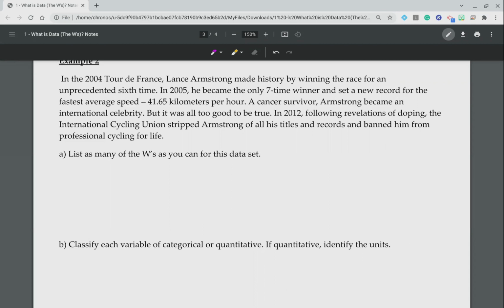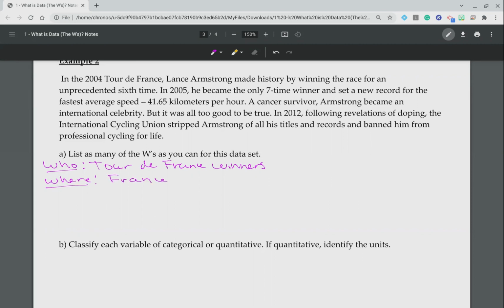Okay, so let's start with who. Now, this particular study is looking at our Tour de France winners. Okay, where would be France, right?